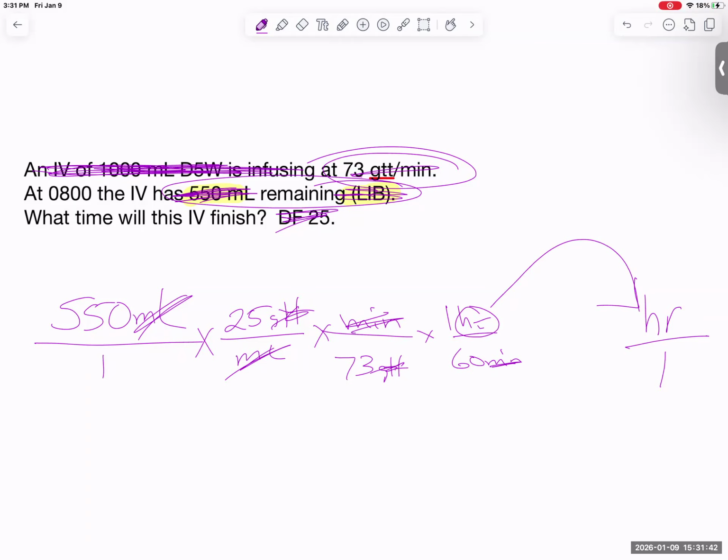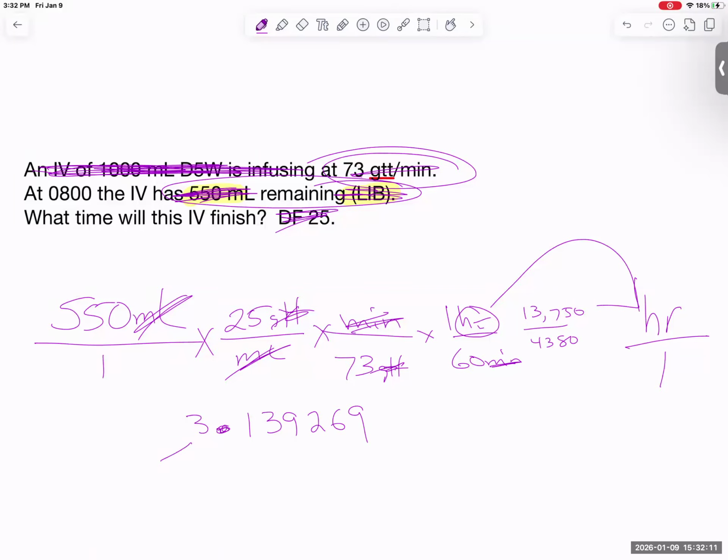I'm a rule breaker. So now let's do the math. When I do the math across the top, it'll give me 13,750. And when I do the math across the bottom, it'll give me 4,380. So when I solve for that, I will get 3.139.